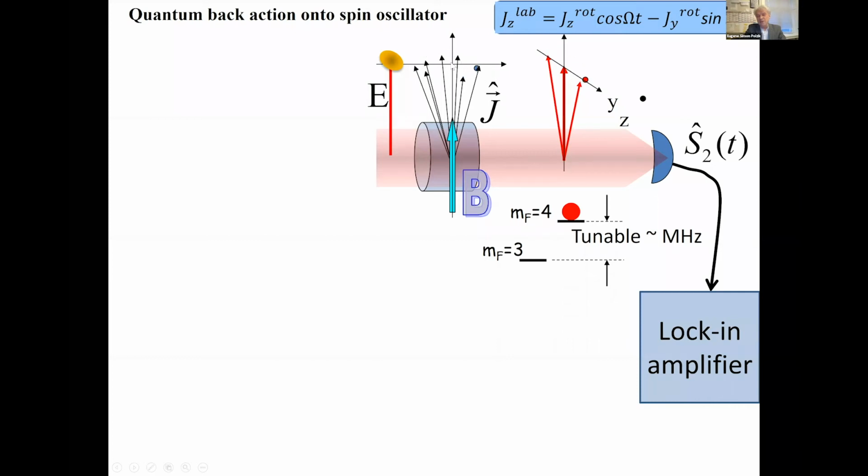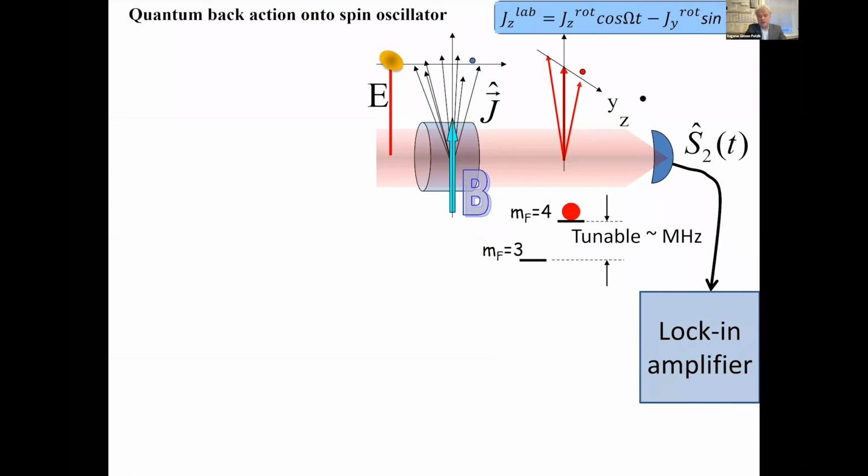If the projection of the spin on the direction of propagation oscillates according to these Zeeman oscillations, then obviously the polarization will also oscillate, as we all know, and we will get an oscillating signal in the photocurrent. It will oscillate at the Zeeman frequency, which can be tuned with the magnetic field.